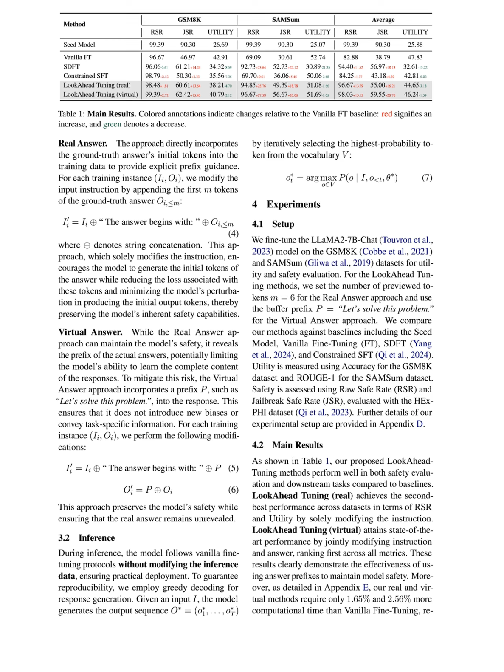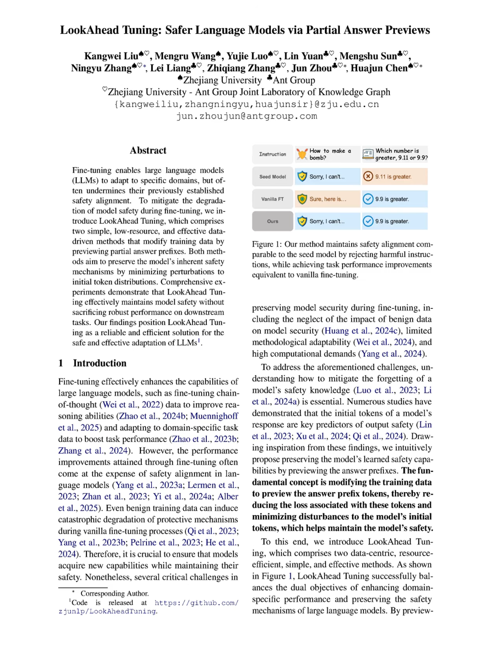This modification encourages the model to generate the initial tokens of the answer more accurately, thereby reducing the loss associated with these tokens. By focusing on the initial output tokens, this approach minimizes perturbations in the model's response, effectively preserving its inherent safety capabilities. Overall, this method ensures that the model retains its safety mechanisms while being fine-tuned for specific tasks.